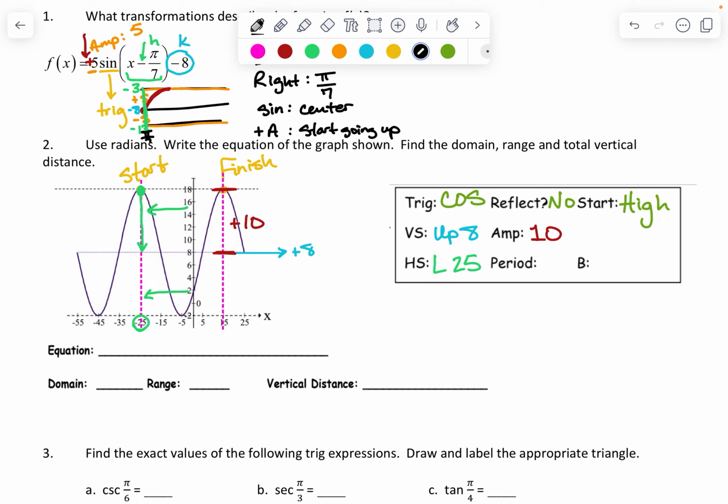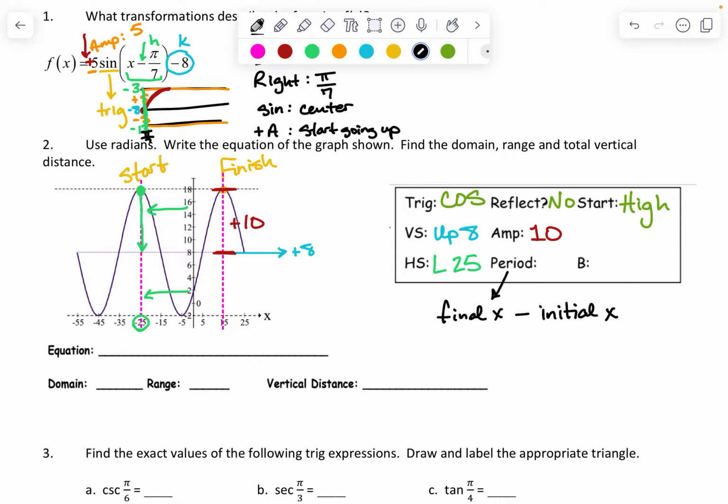Period is how many degrees or how much time or how much distance one wave covers. So you're looking at your x-axis here. And the way I like to find the period is take the final x minus the initial or beginning x.